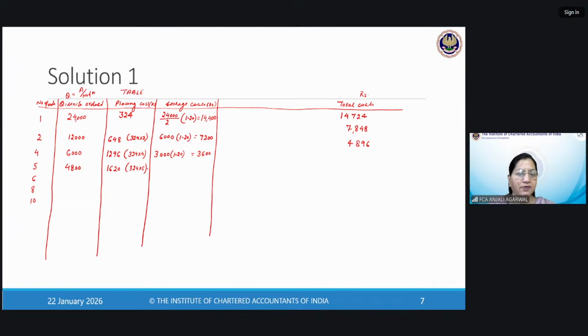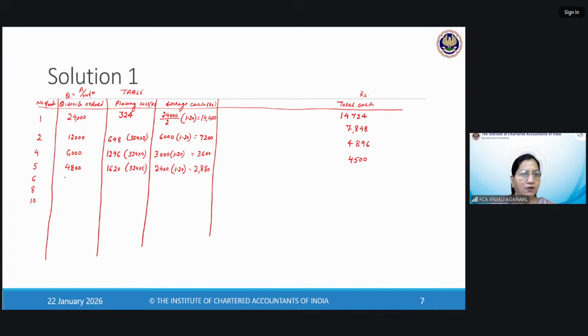So if 4,800 units are ordered, on an average, I'm going to hold 2,400 units, and 2,400 into 1.20 will be 2,880. Total 2,880 plus 1,620. So you can see that it has still fallen.